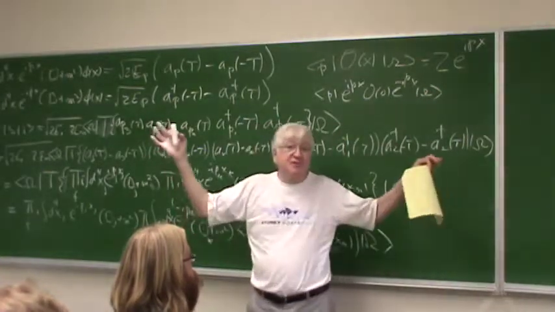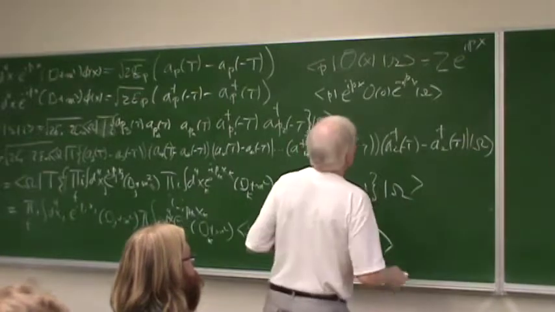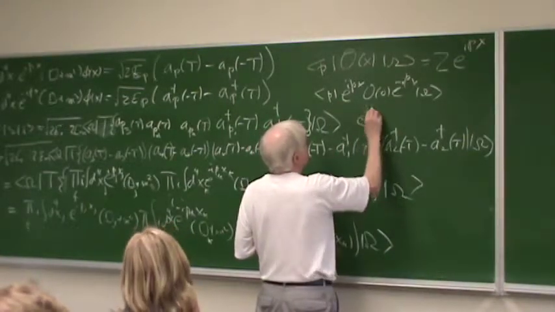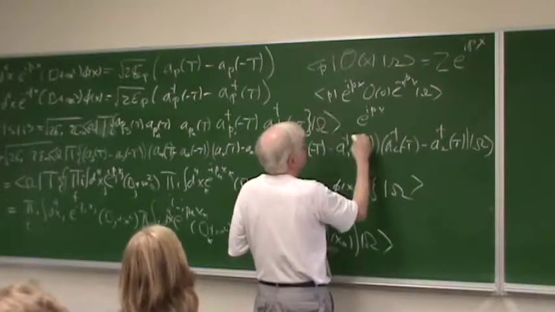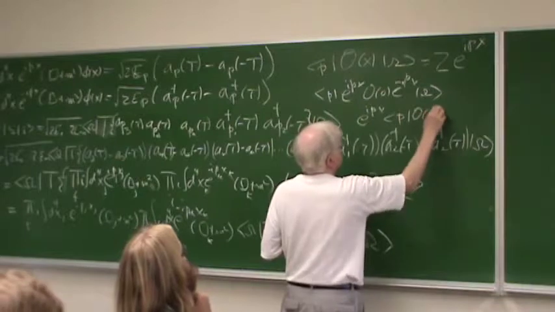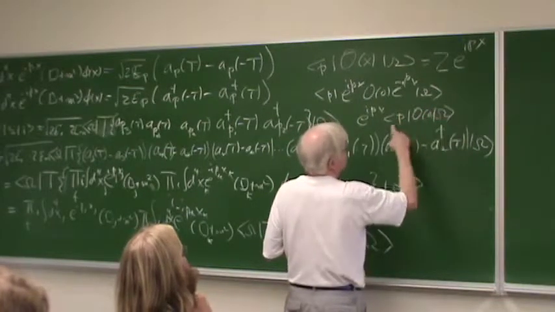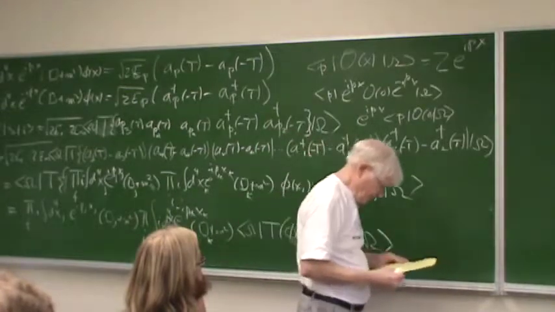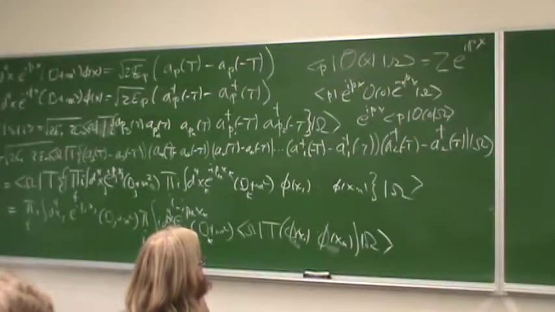We're ignoring dark energy here. This one hits that and gives us e to the i p x, where that's the momentum there. And so then we have the overlap of O of 0 with the state of momentum omega, and that's the thing we're calling Z. All right. Okay.